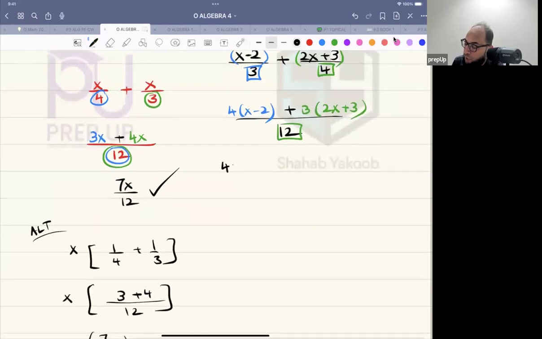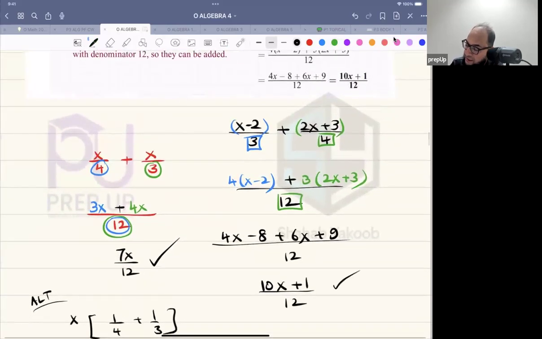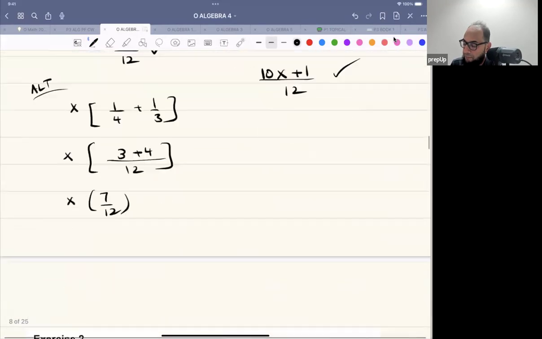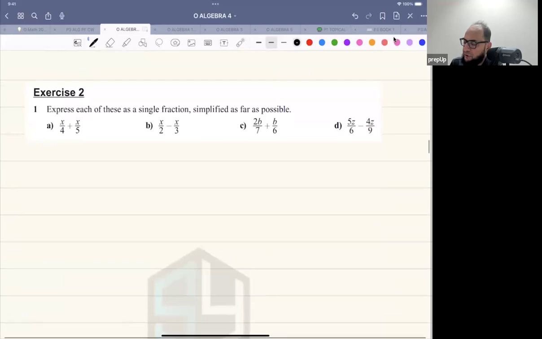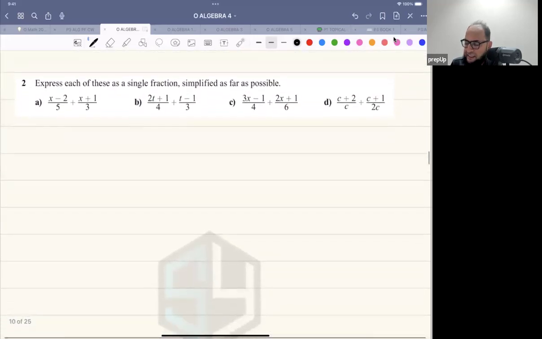So this is 4x minus 8 plus 6x plus 9 divided by 12. 4 plus 6 is 10x, 9 minus 8 is 1, divided by 12. That is the answer for this particular question. Straightforward. Same sort of question, the same type.